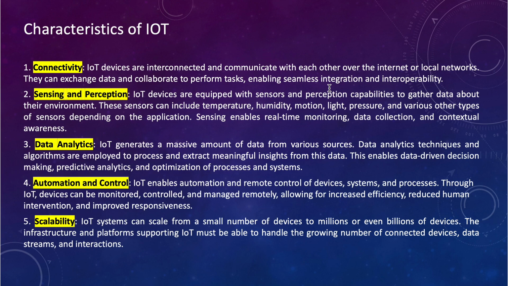So first and foremost, the first characteristic of IoT would be connectivity, or in other words, the networking of that device. The physical device would be connected to a network, right? Then we have sensing and perception. The perception layer we talked about is the hardware components for it, right?